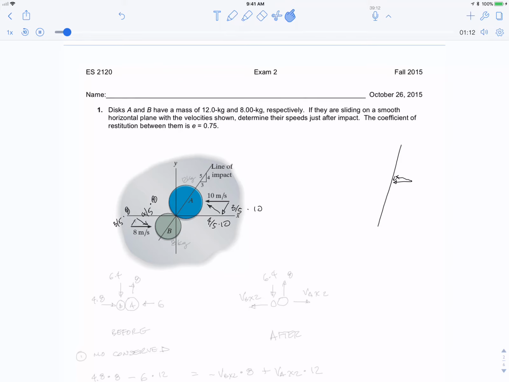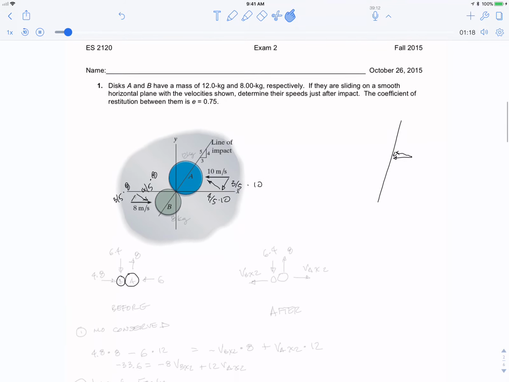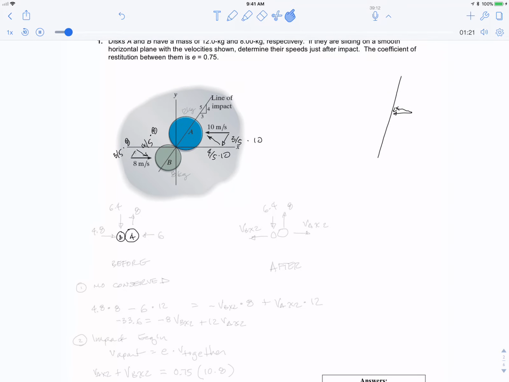So let's redraw that along the line of impact. I'm going to tilt it this way. There's B and there's A. For B, it's going at 3/5 of 8 that way and 4/5 of 8 that way. Let me do all the calculations and come right back.